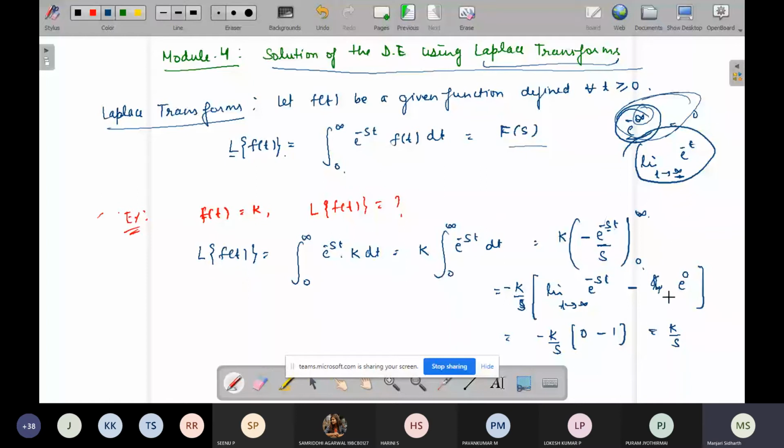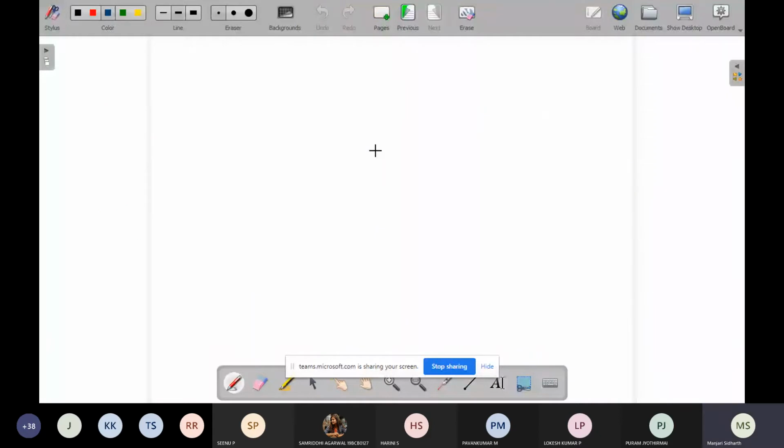You can check other formulas. I am directly writing the formulas in the next slide that we are going to use, so please note it down. Laplace transformation of 1 is 1 by s. Laplace transformation of t is 1 by s square.